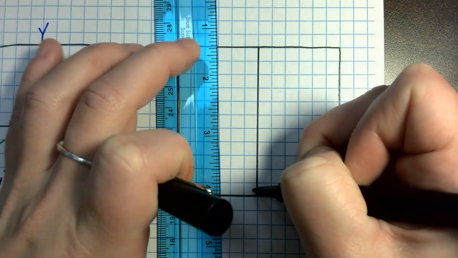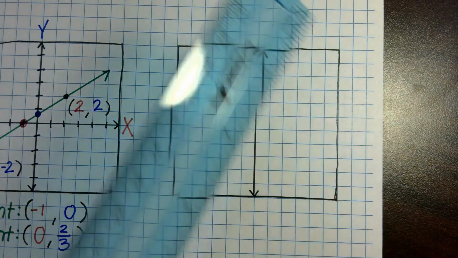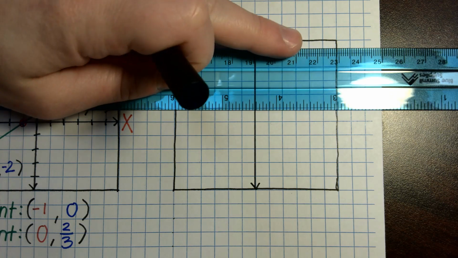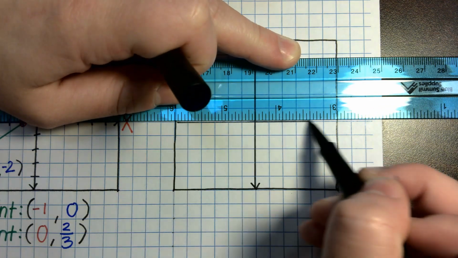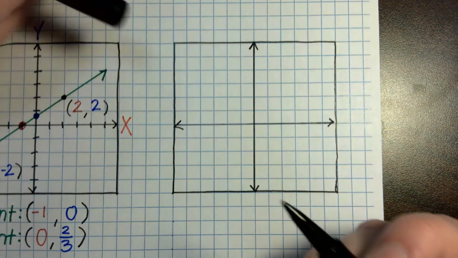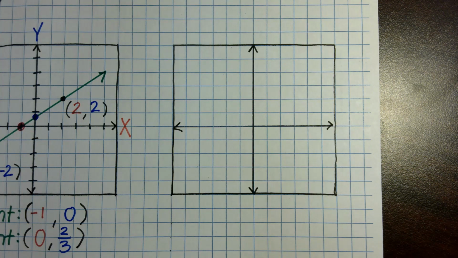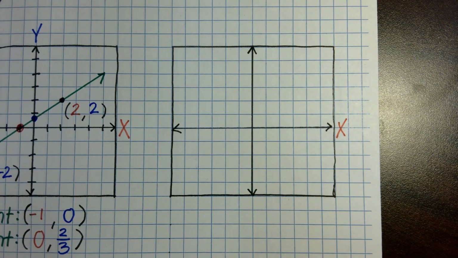Sometimes when things are too close together, it makes it a little tricky. Okay, and I'm going to label my x-axis and my y-axis. We always need to label our axes.